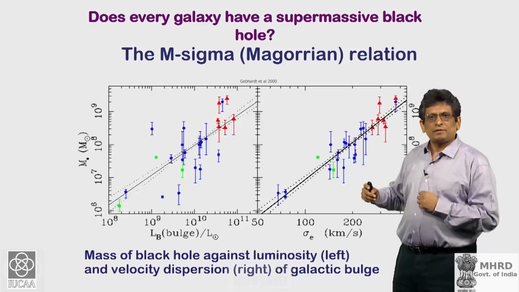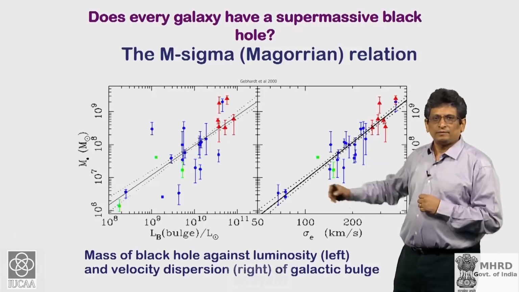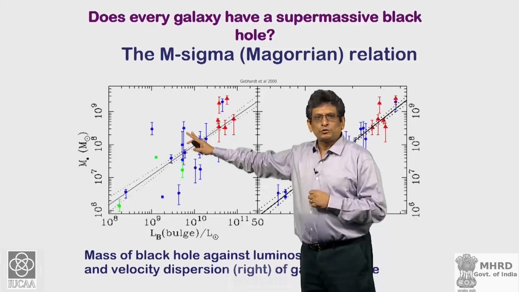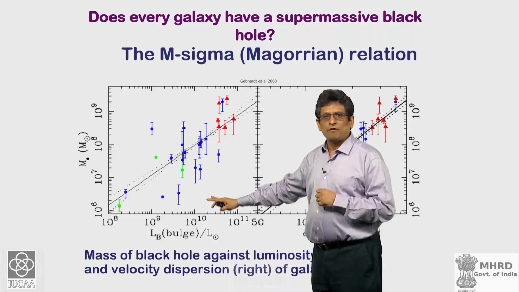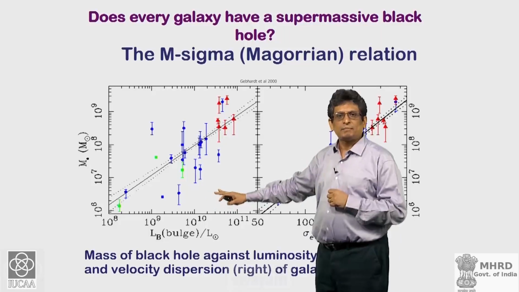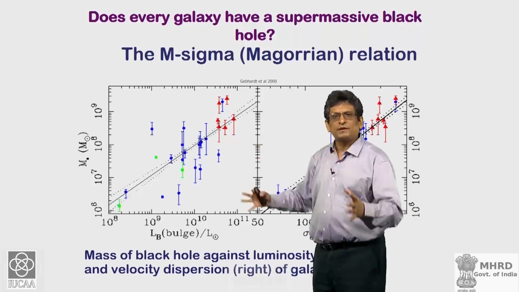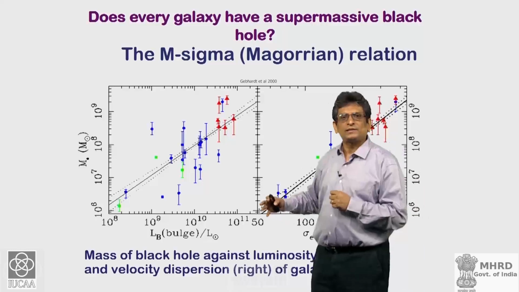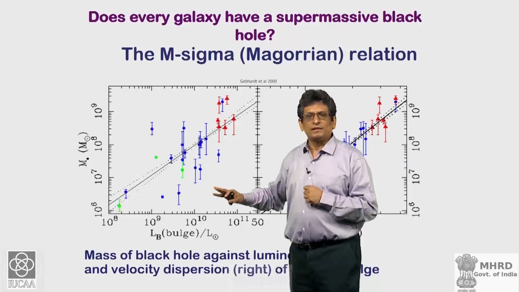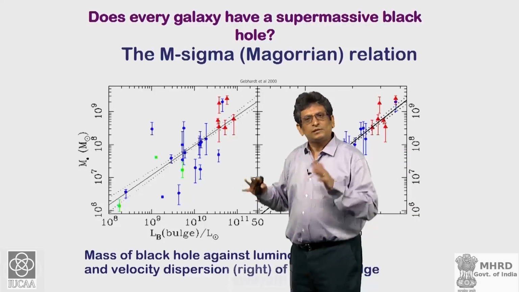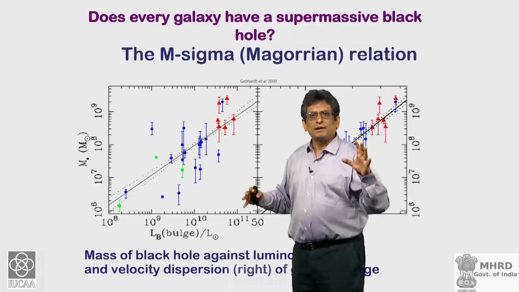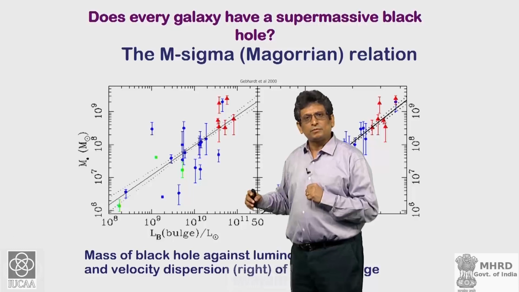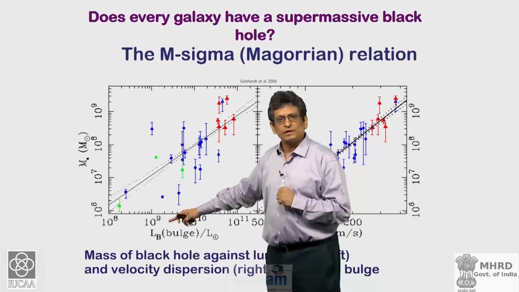So in this particular plot, the left panel shows the mass of the black hole and the luminosity of the bulge of the galaxy. And by bulge, I mean the central spherical part of the galaxy. In the case of a spiral galaxy, that is only part of the galaxy. In the case of an elliptical galaxy, it is the whole galaxy. But the mass of the bulge is the one that correlates with the mass of the supermassive black hole. In this case, it's the luminosity.